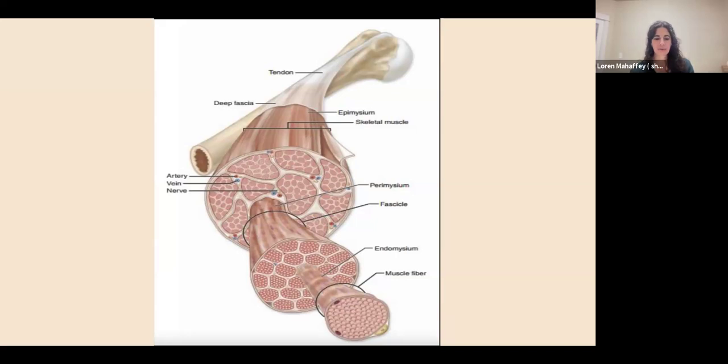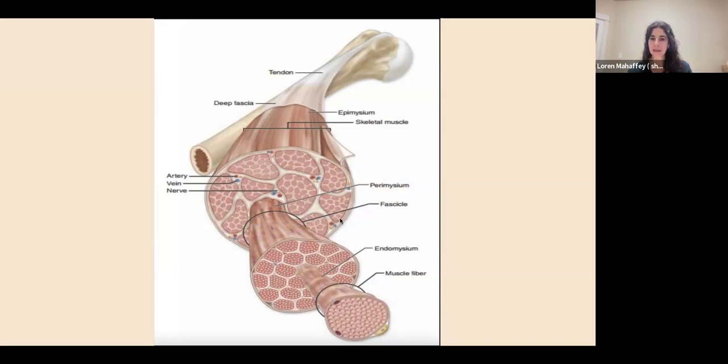Then we have multiple fascicles bundled by perimysium come together to form the organ of the muscle. And we can see here, it is comprised of the blood vessels, the nerves, the lymphatic tissue.